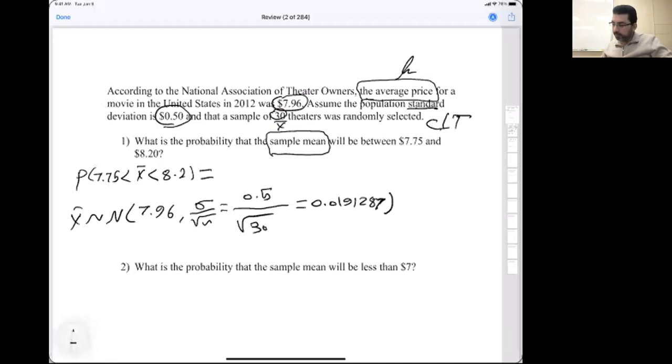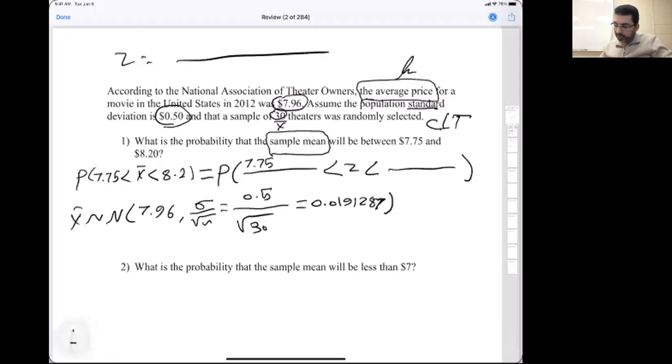So this probability, convert it to z. We have 7.75. Of course, z is x bar minus mu, divided by sigma over the square root of n, or the standard error directly, as you can see here.